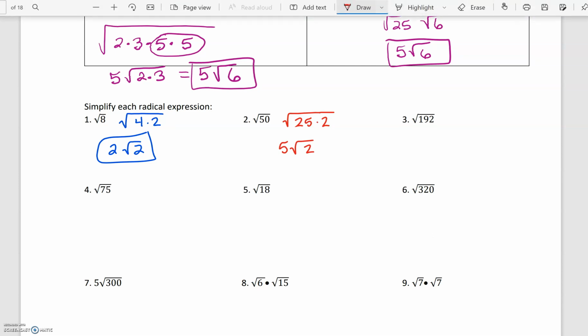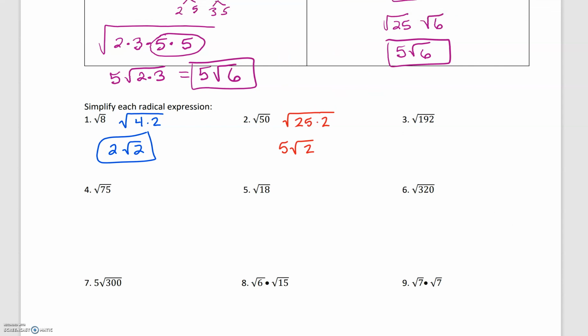Let's take a look at the next one, though, using our prime factorization if we don't know how to break down 192. So what we can do is just start by listing, well, I'm going to go ahead and bring it up here so I'm not taking up my room, but 192.